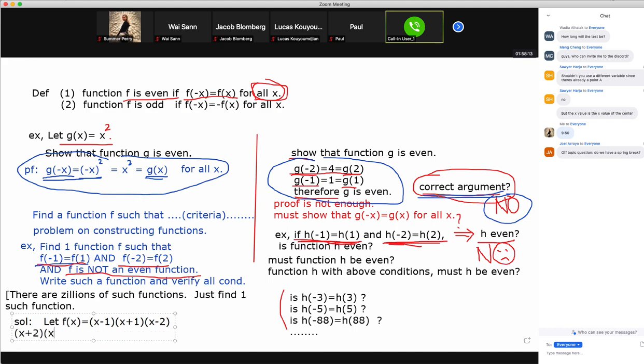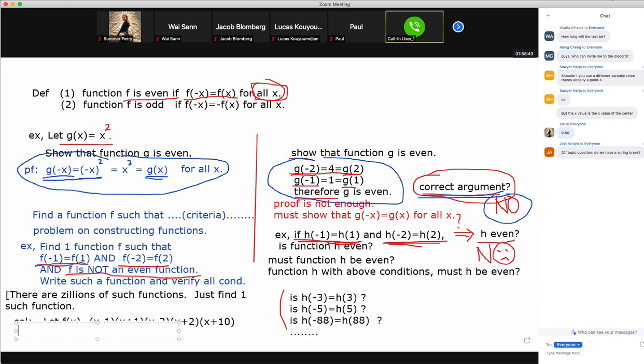And how about x plus 10? So let f of x be x minus 1 times x plus 1 times x minus 2 times x plus 2, and then times x plus 10. Will this function satisfy all those conditions? Let's check. So the solution is to let f be that.